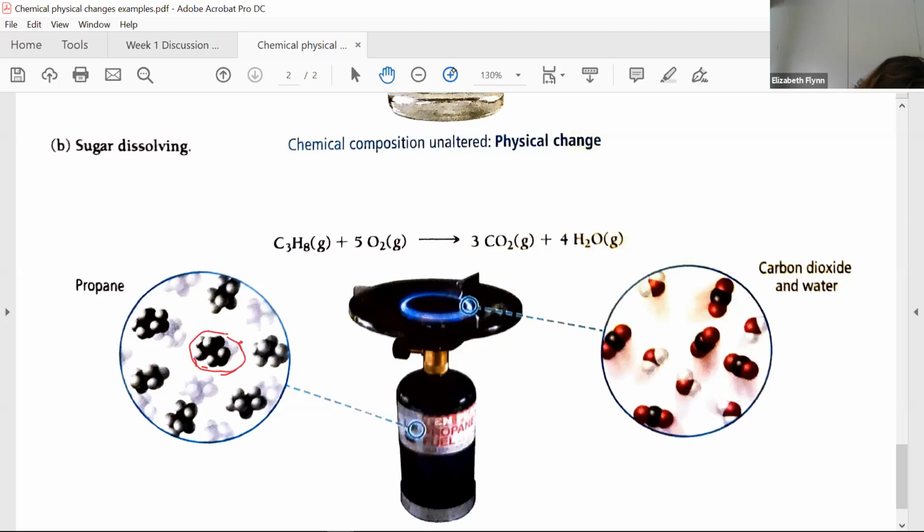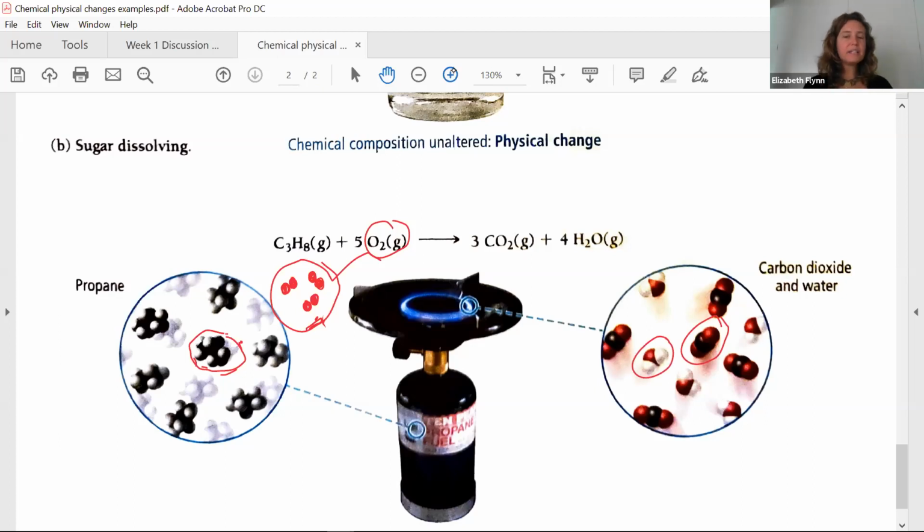What it's not showing are the oxygen molecules, but blown up it would look something like this, right? O2. Oxygen molecules, yeah. So propane molecules and oxygen molecules react to form entirely new substances, right? Carbon dioxide and water.